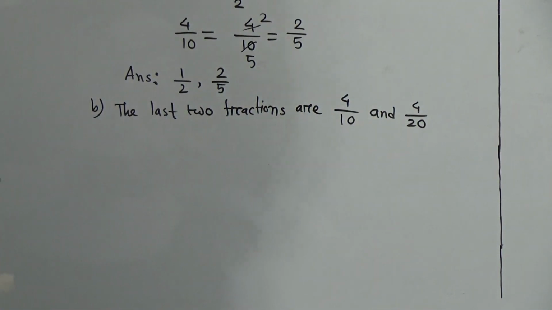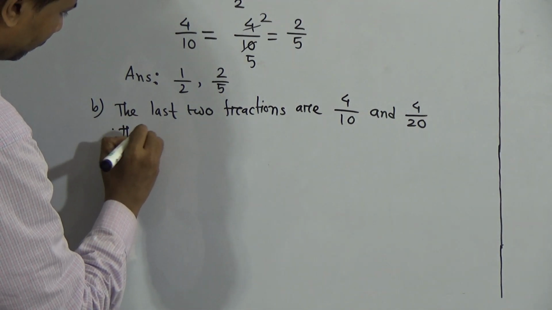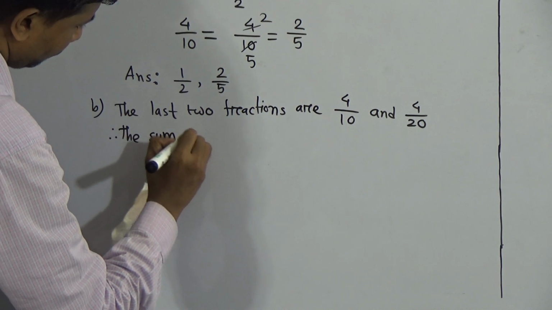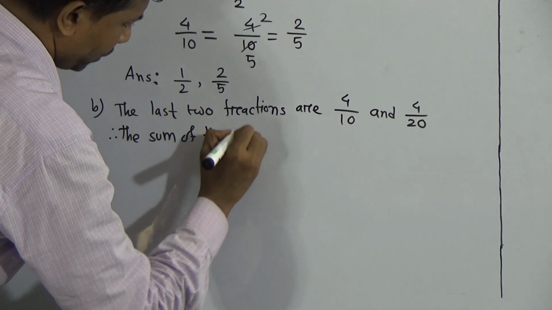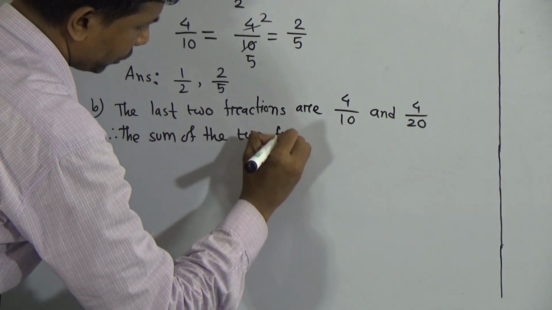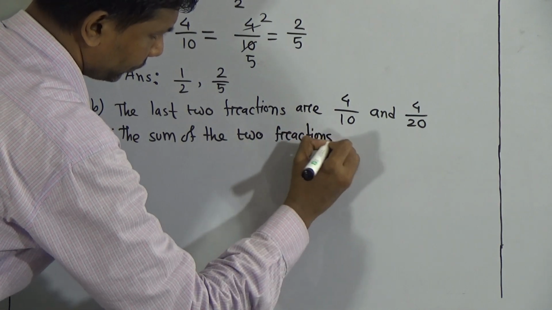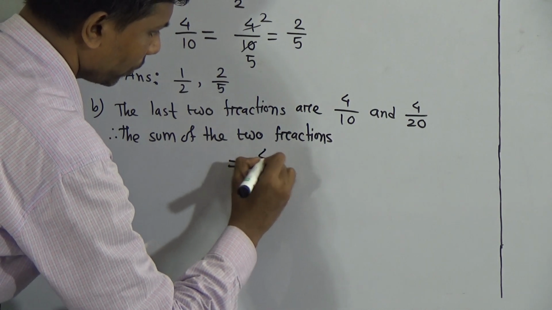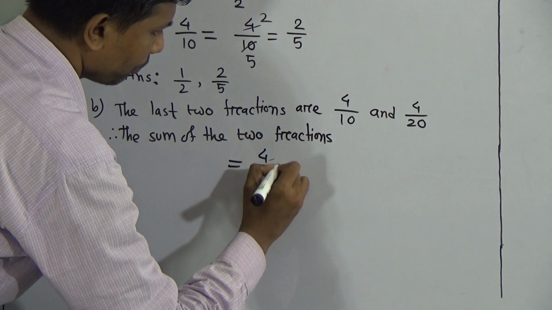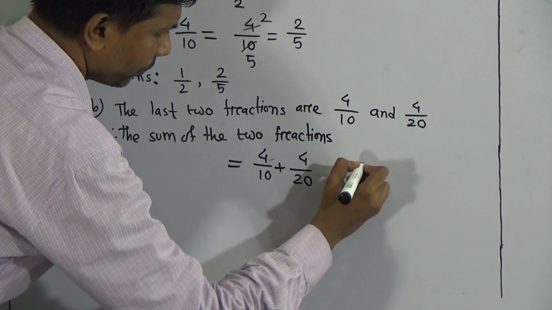Now according to the question, the sum of the last two fractions is equal to 4 by 10 plus 4 by 20.